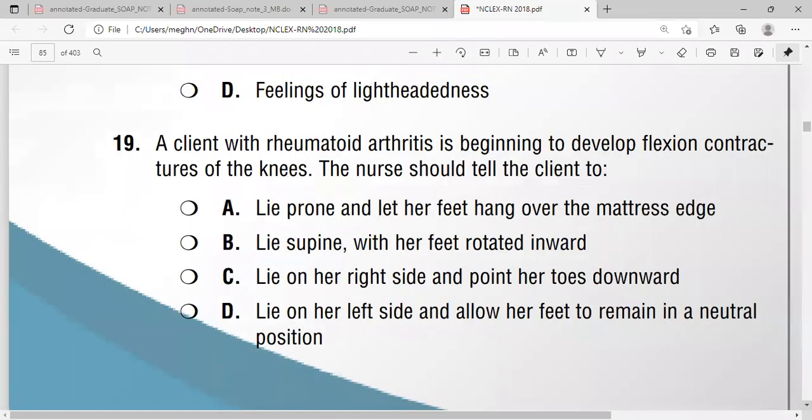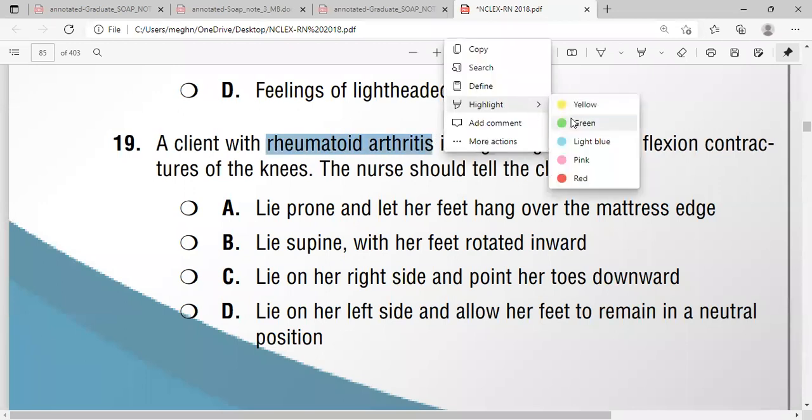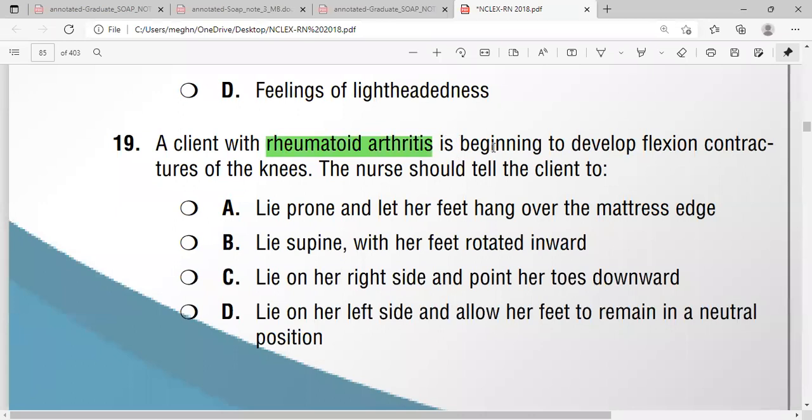Question 19. A client with rheumatoid arthritis is beginning to develop flexion contracture of the knee. The nurse should tell the client to: Number A, lie prone and let her feet hang over the mattress.